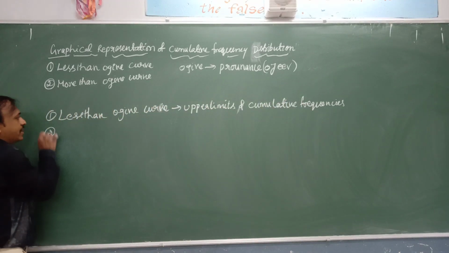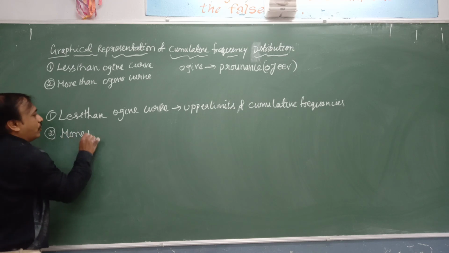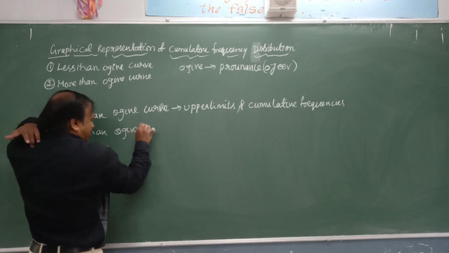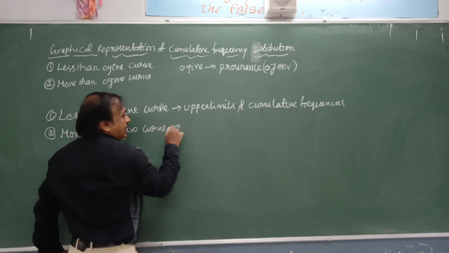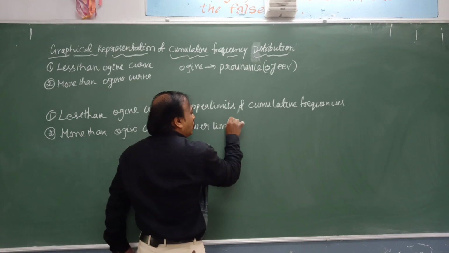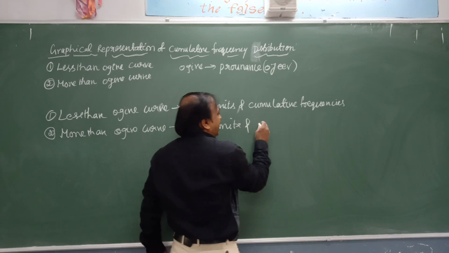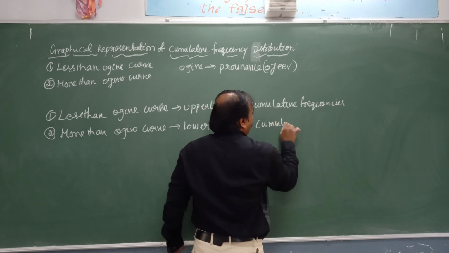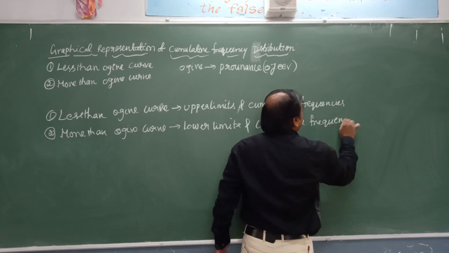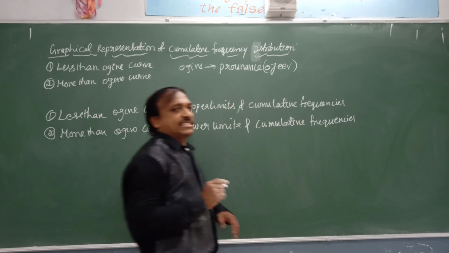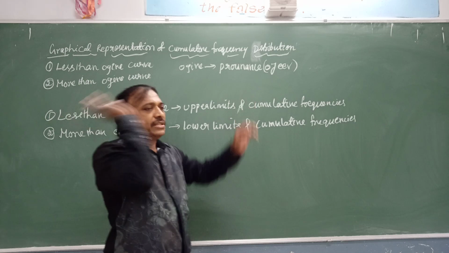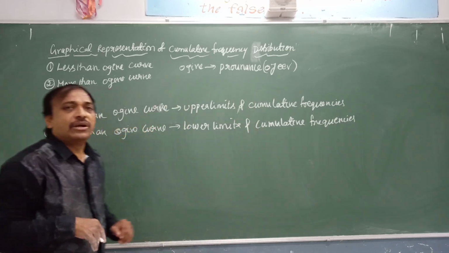Next, the second one, the more than ogive curve. For the more than ogive curve, we now use lower limits and cumulative frequencies. On the x-axis we use the class limits, that is the lower limits, and on the y-axis we use cumulative frequencies.